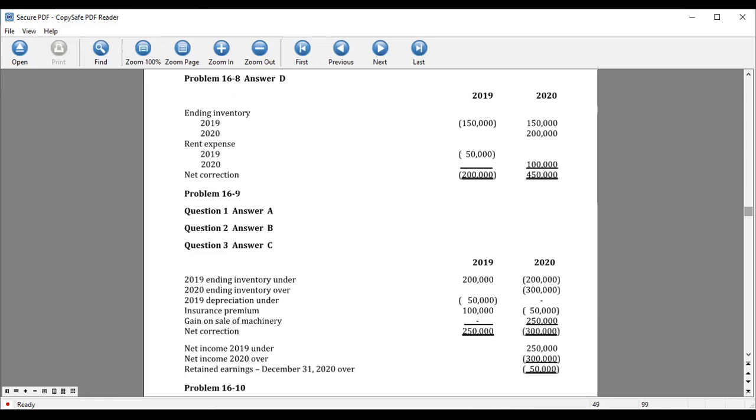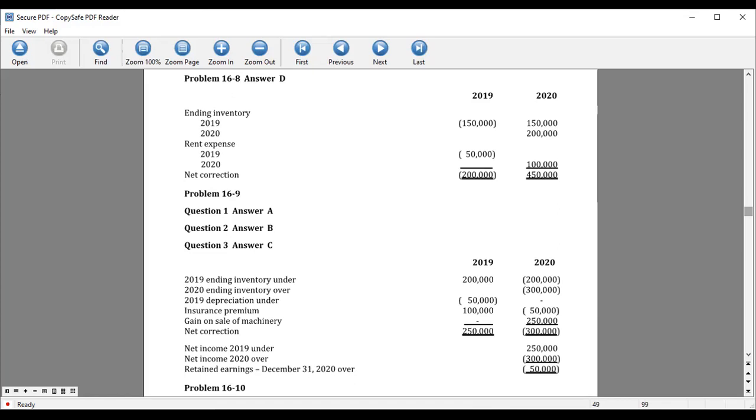2019 depreciation was understated here. The fully depreciated machinery was sold for 250,000 cash, but the sale was not recorded until 2021.